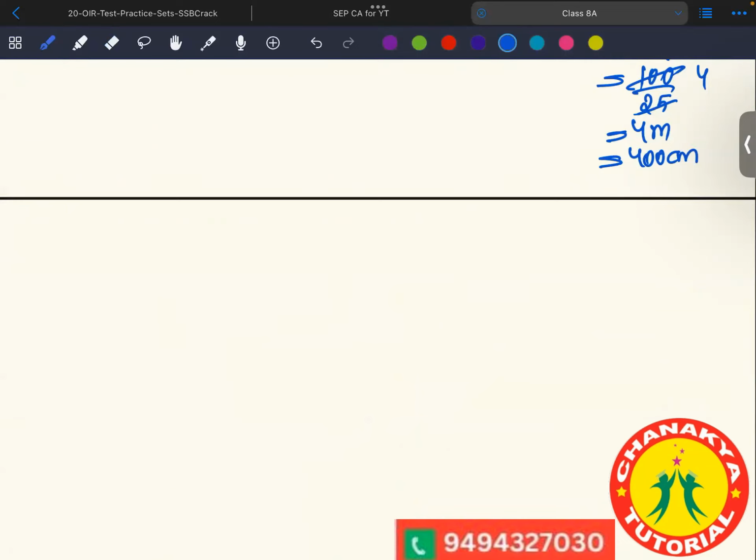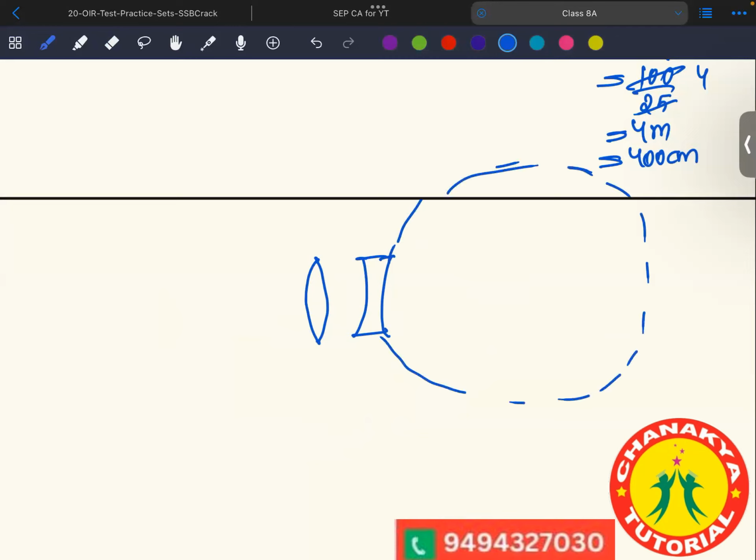You must have seen that the specs are either in this shape or in this shape, concave and convex lenses, correct? So the focal length is associated with this only. If I complete this whole length, the focal point will be here, 400 centimeter.